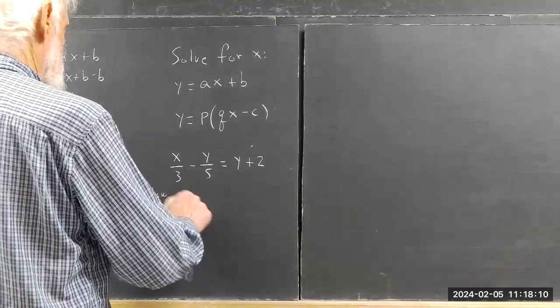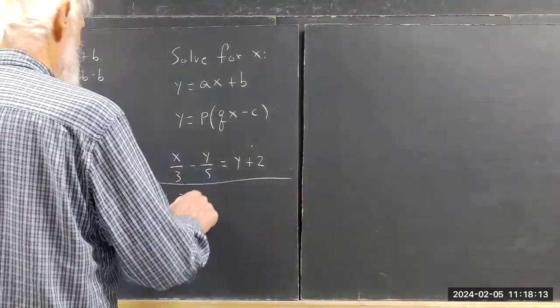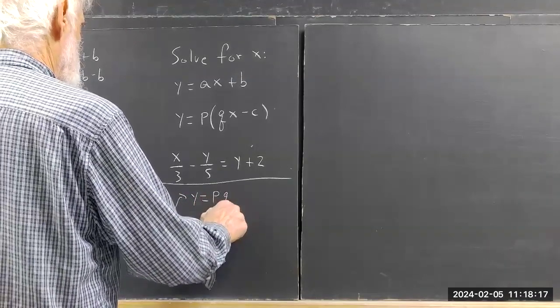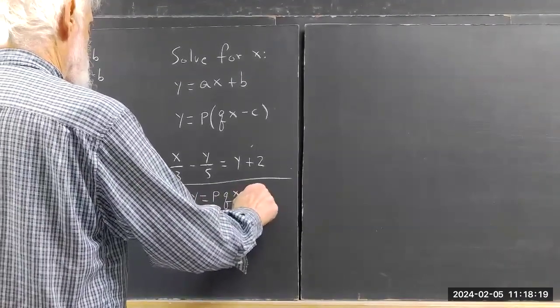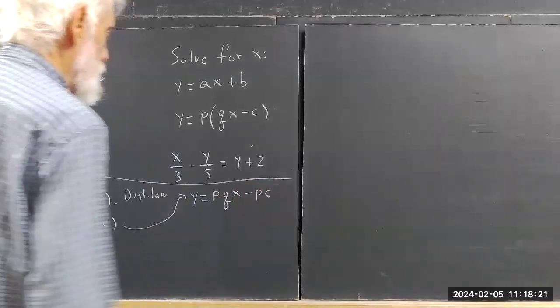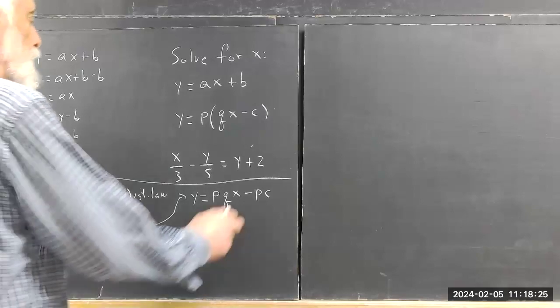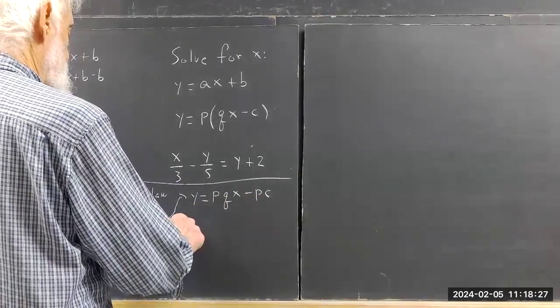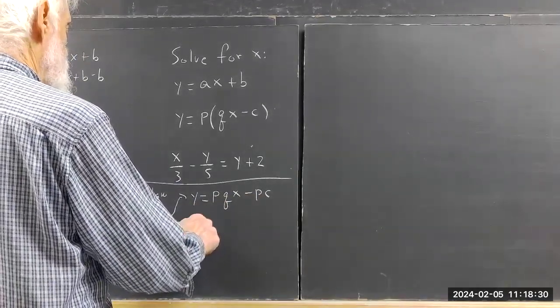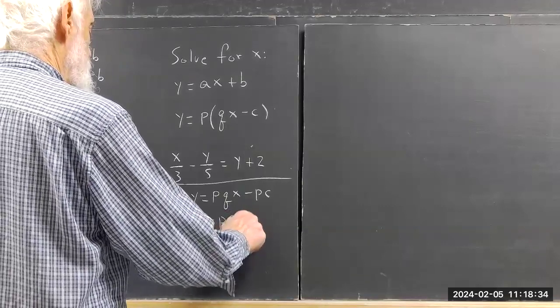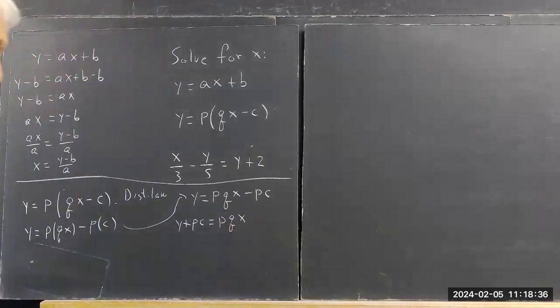I'm just going to bring it over here. So it's Y equals PQX minus PC. We add PC to both sides. And now we've isolated X.